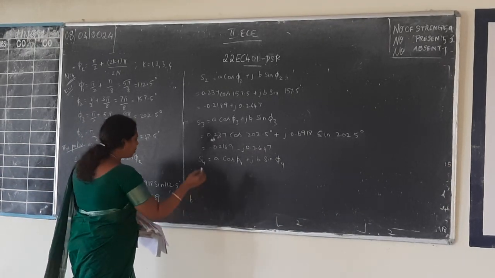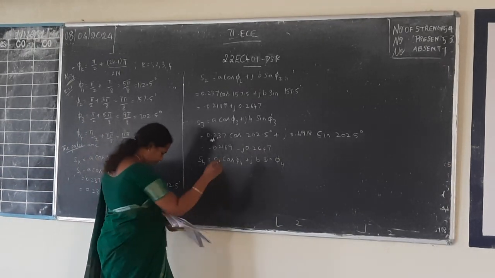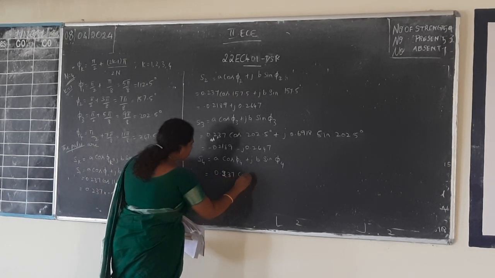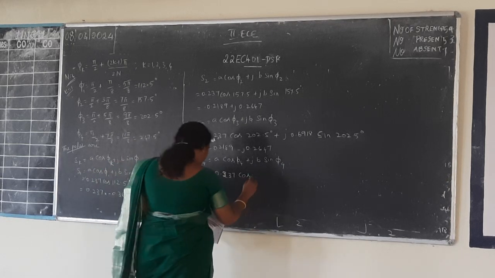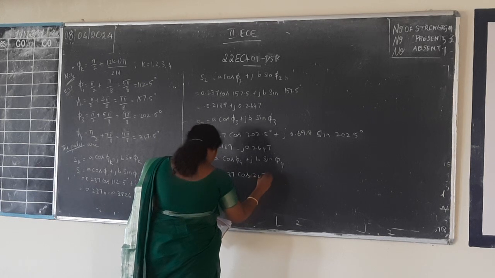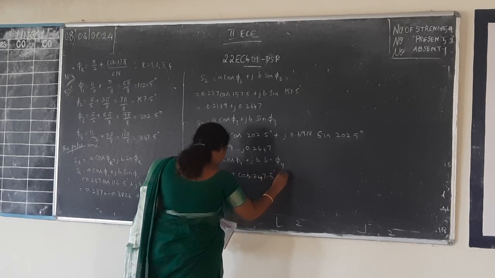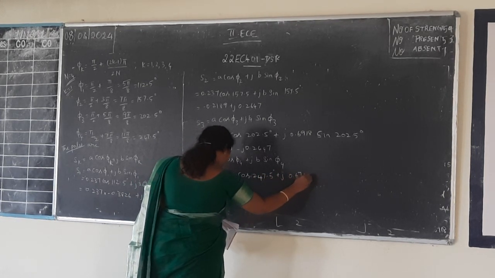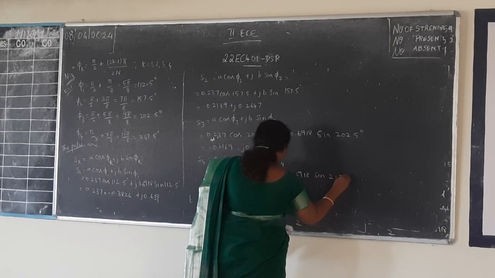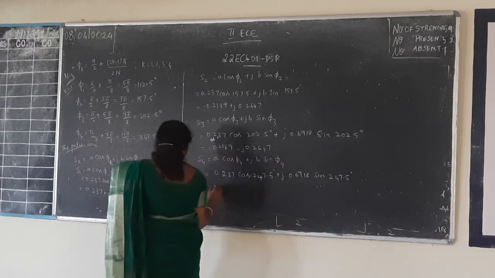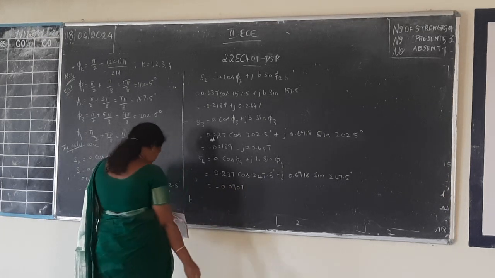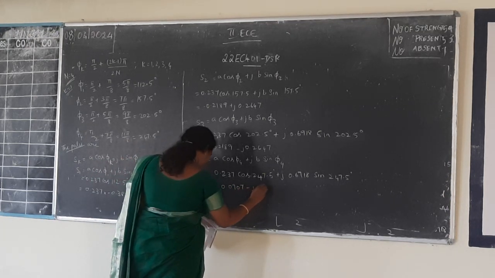Substitute for phi 4 here: 0.237 cos of 247.5 degrees plus j 0.6918 sin 247.5 degrees. Get the answers: 0.0907 minus j 0.639.